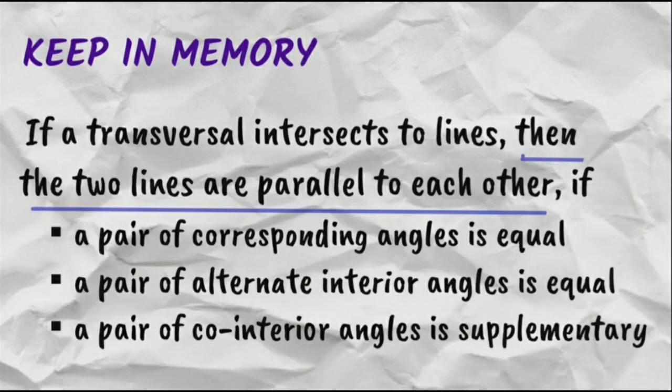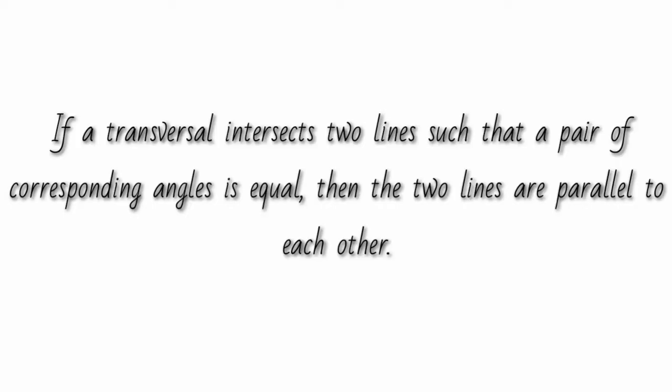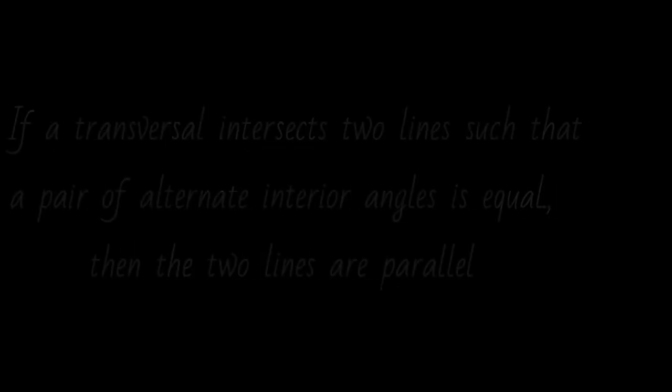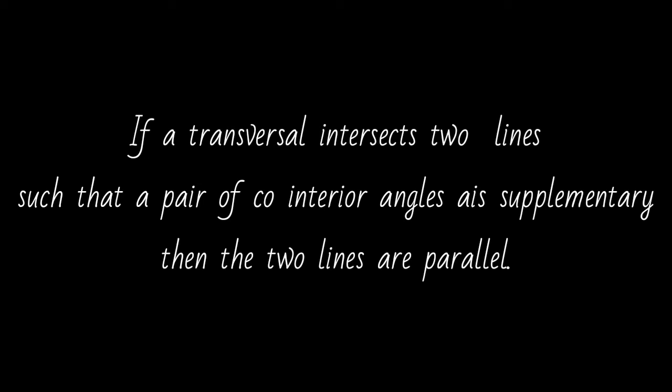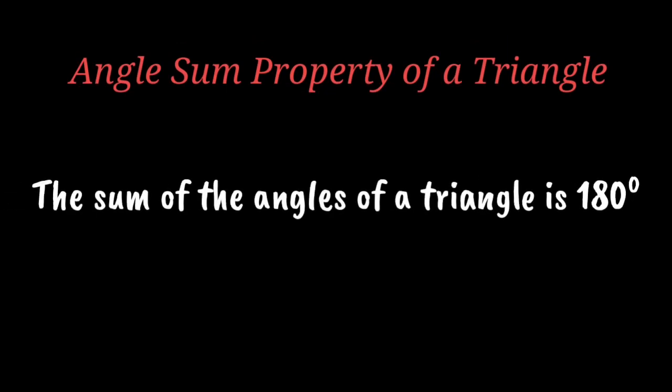We have discussed some theorems on transversal and parallel lines. You should know these theorems very well for doing some problems. Next comes the angle sum property of a triangle.